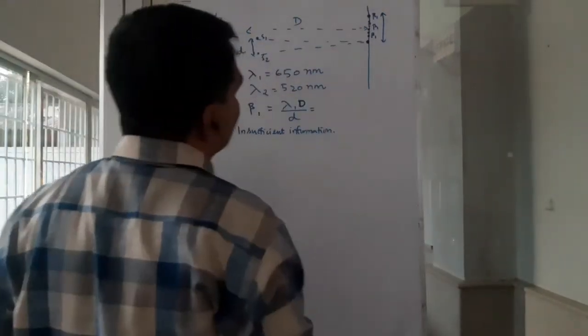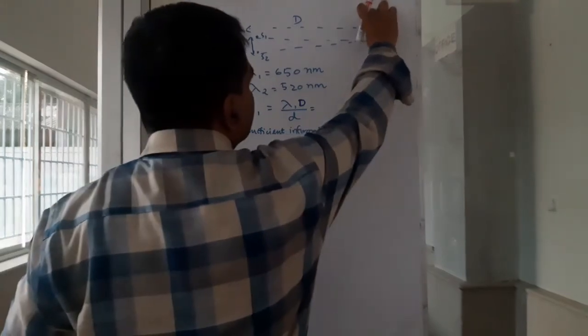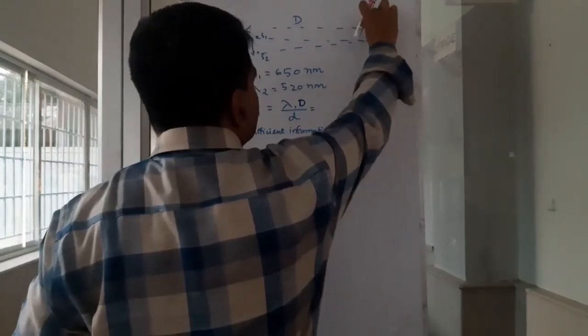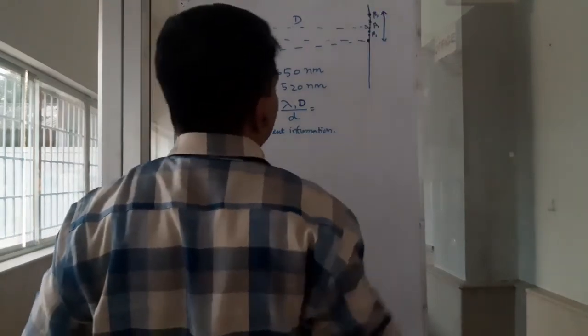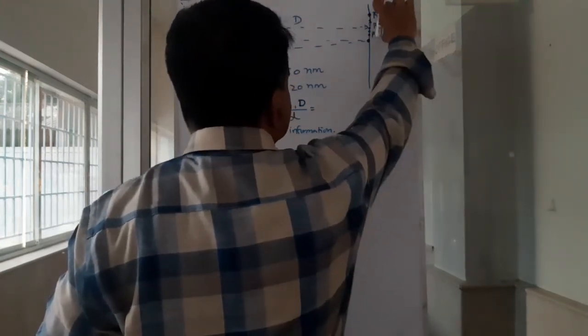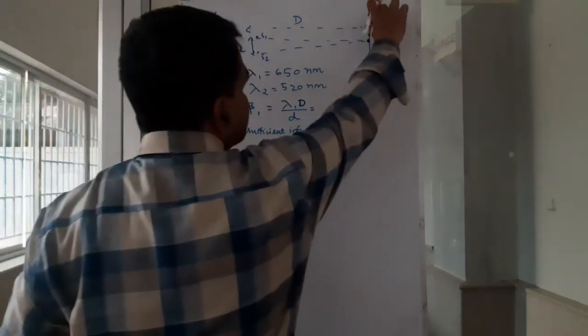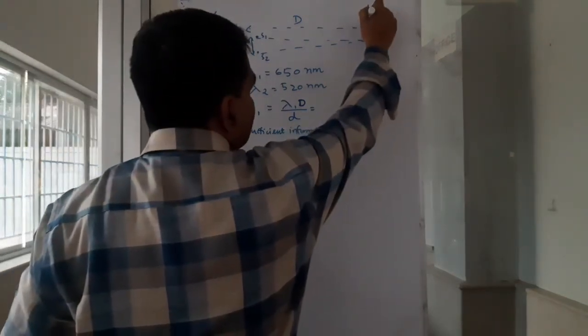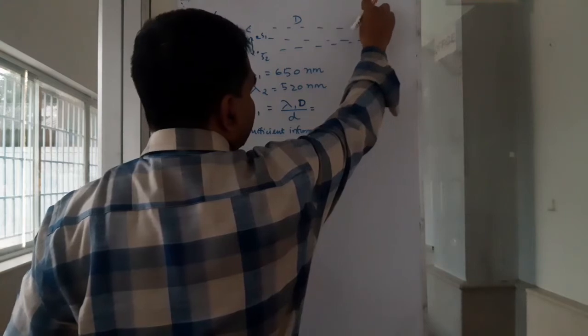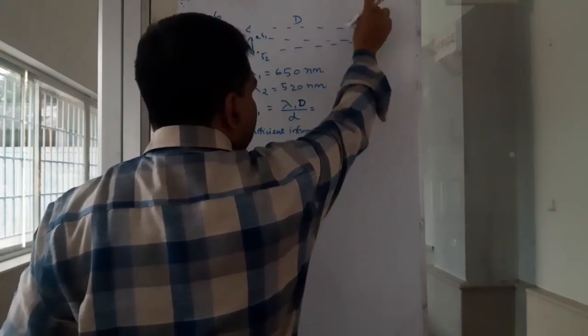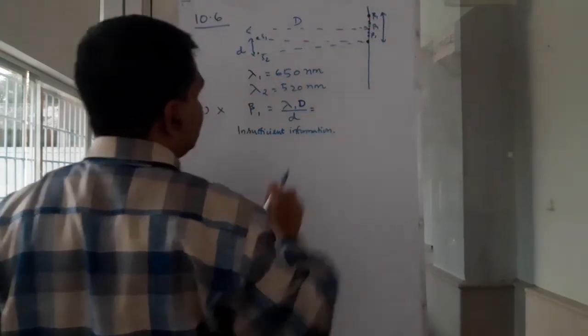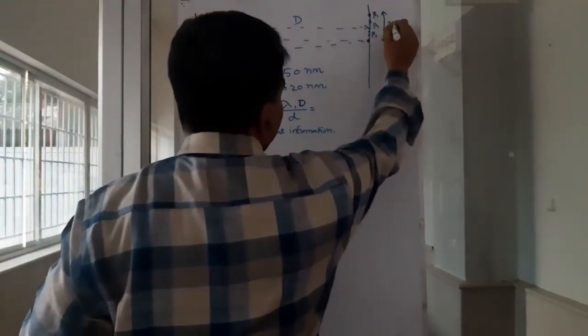Okay. So for both of the fringes to coincide, what should happen? This distance must be the same for both, right? So let us say the point where both the fringes coincide, I take this length as y.